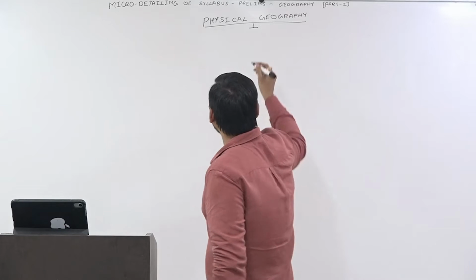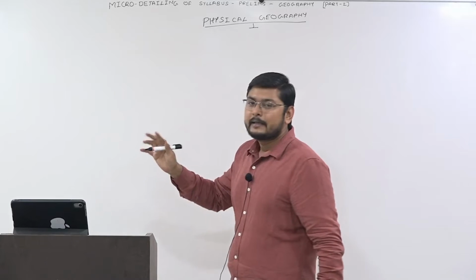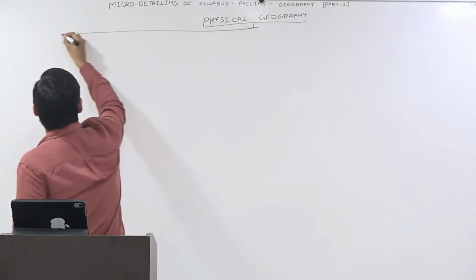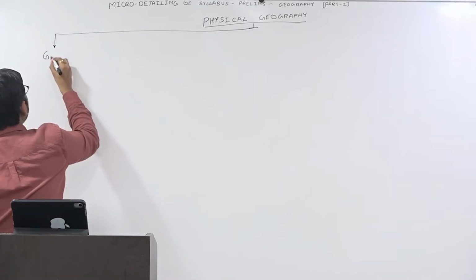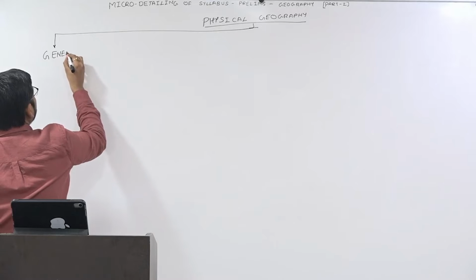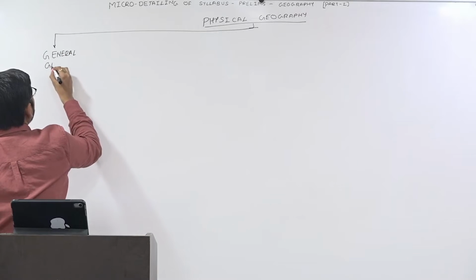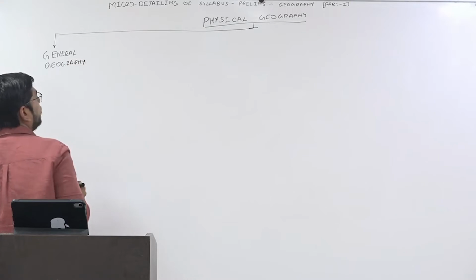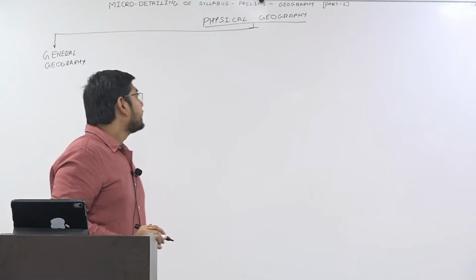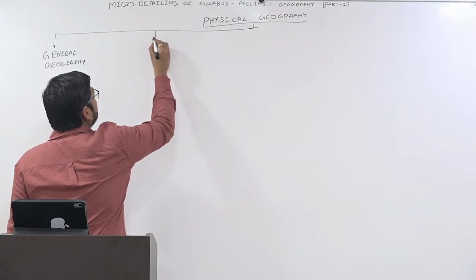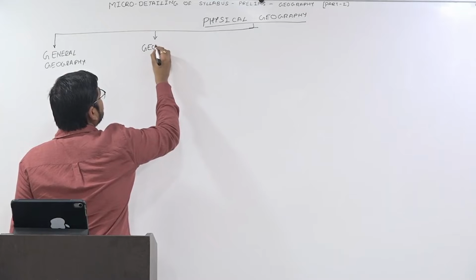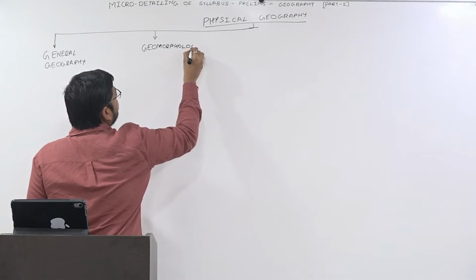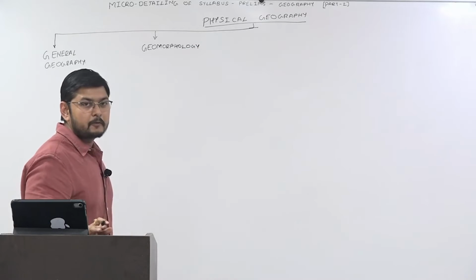Now, if I want to understand physical geography, I can divide it into four major parts. First part is general geography. Second part is geomorphology.